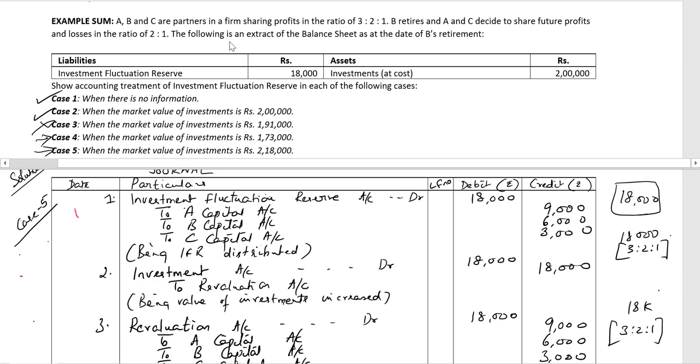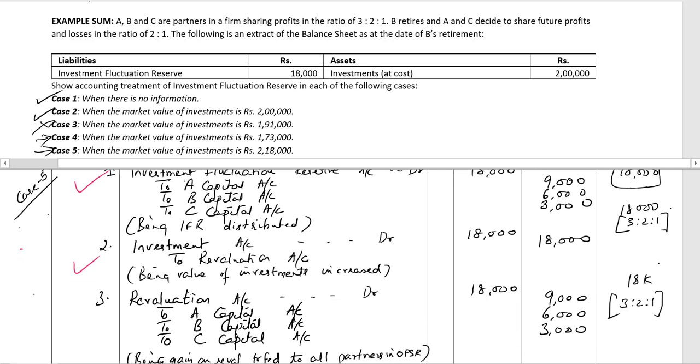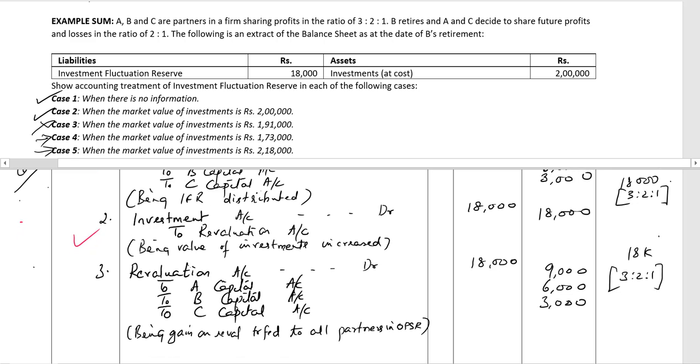The first journal entry is to distribute the investment fluctuation reserve because it is no longer necessary. The second journal entry is to increase the market value of investments by 18,000 by crediting the revaluation account. And the final journal entry is to transfer the gain on revaluation to all the partners in their OPSR.